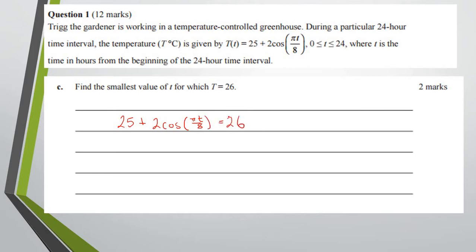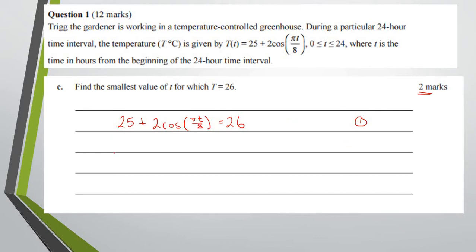Now, let me let you in on some additional information. We look at the number of marks. This is only worth 2 marks. Therefore, simply telling us what you're going to solve is worth 1 mark, and then the answer is worth 1 mark. This is tech active. Nobody is expecting you to solve this equation by hand. It's 2 marks as long as you've got 2 pieces of information.